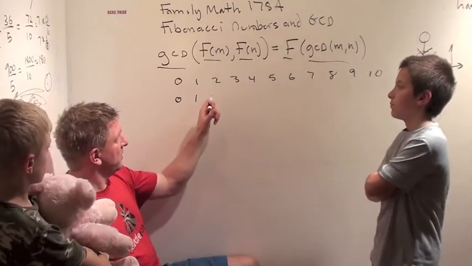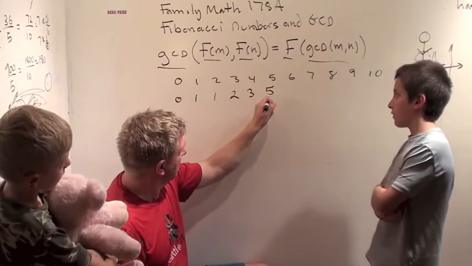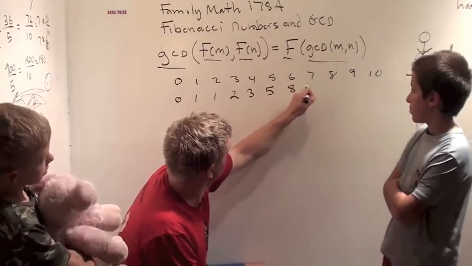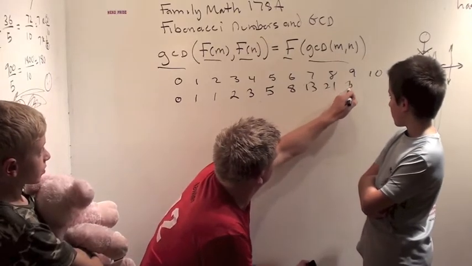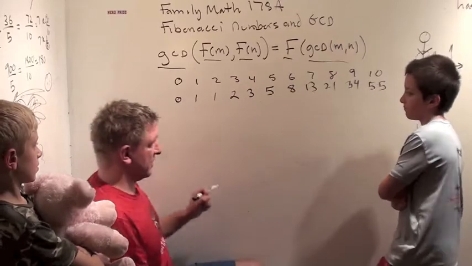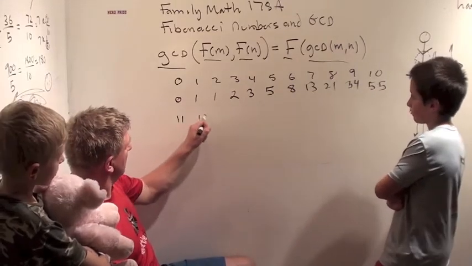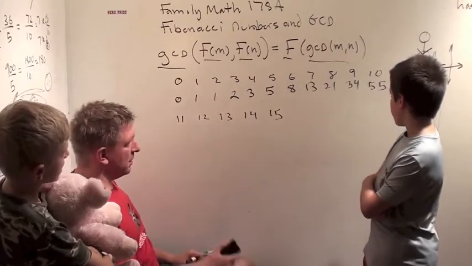So it goes 0, 1, 1, 2, 3, 5, 8, 13, 21, 34, 55. I'm going to see if we can go up to 15, okay? So 11, 12, 13, 14, 15. 89.